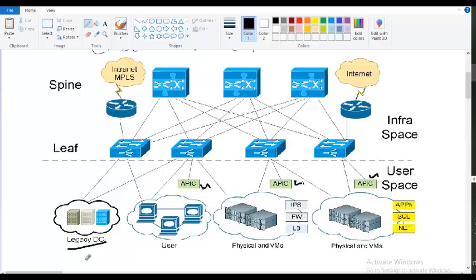A legacy data center is connected. The end devices are connected. The physical and the VMs are connected. We have IPS, we have firewall, we have load balancer. We have another physical and VMM domain for apps, SQL database.